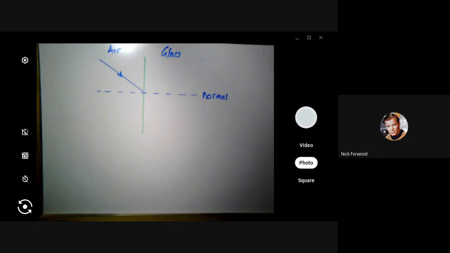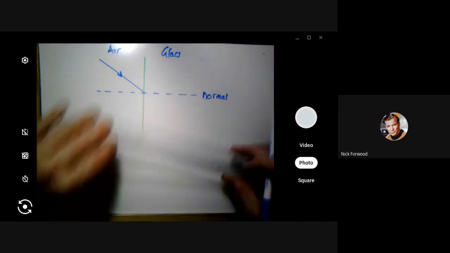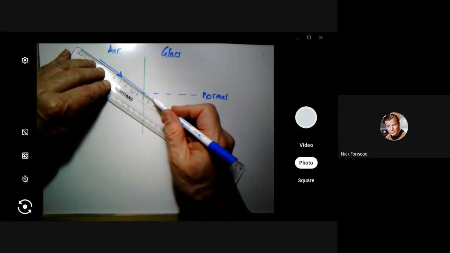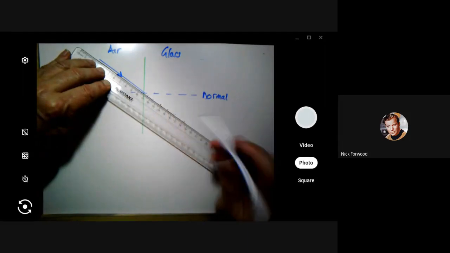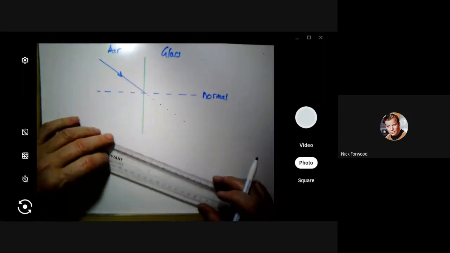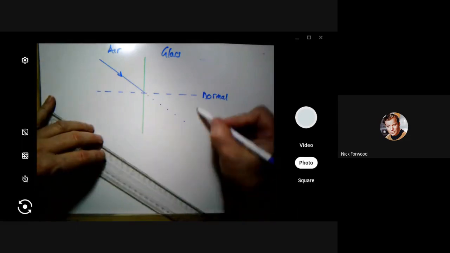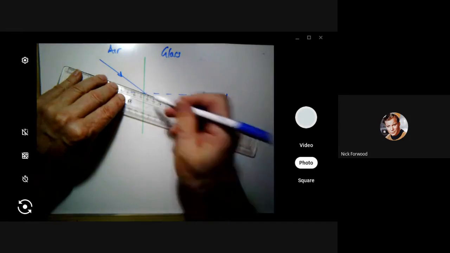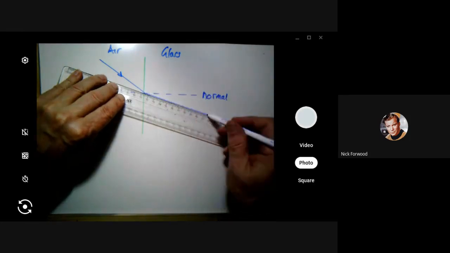I'm just going to put in some very small dots here so you can see it doesn't go straight on. It actually bends round this way, bends towards the normal.